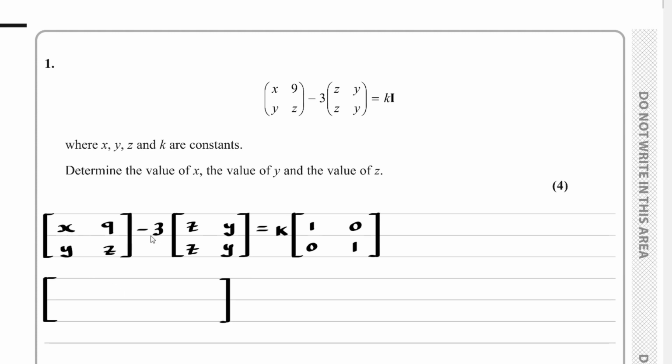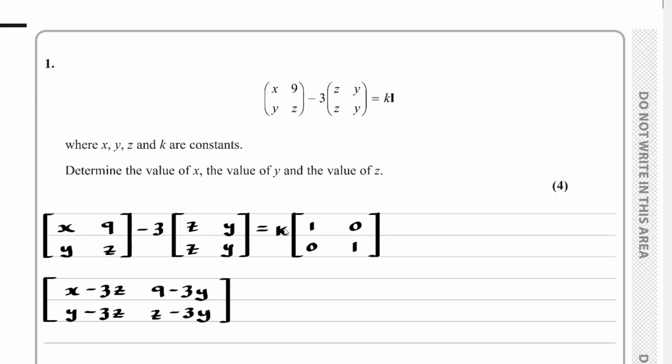we have X subtract 3 multiplied by Z. Then we have Y subtract 3 multiplied by Z. We then have 9 subtract 3 multiplied by Y. We also have Z subtract 3 multiplied by Y. So the left hand side simplifies to the matrix (X subtract 3Z, Y subtract 3Z, 9 subtract 3Y, Z subtract 3Y).